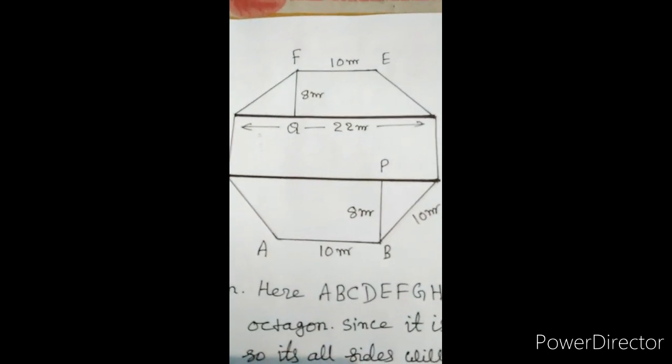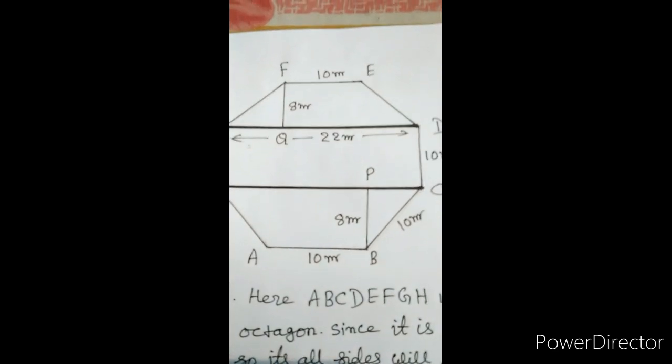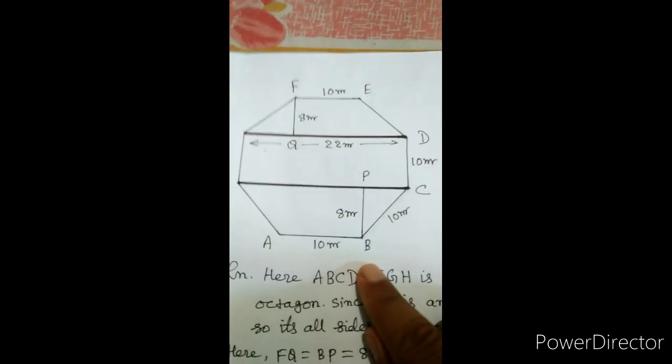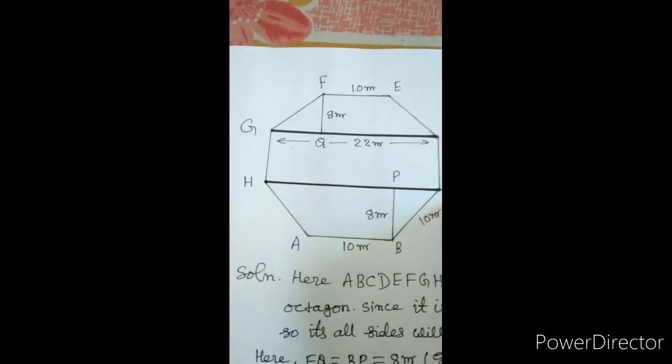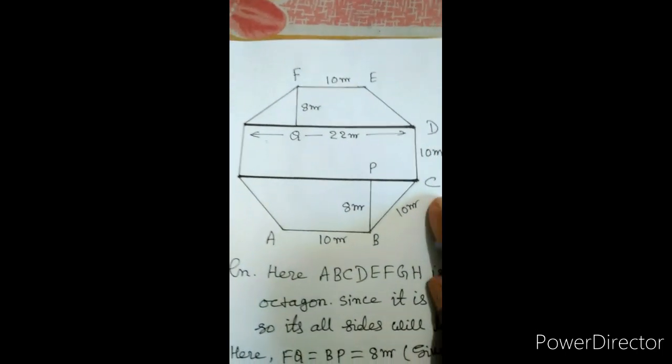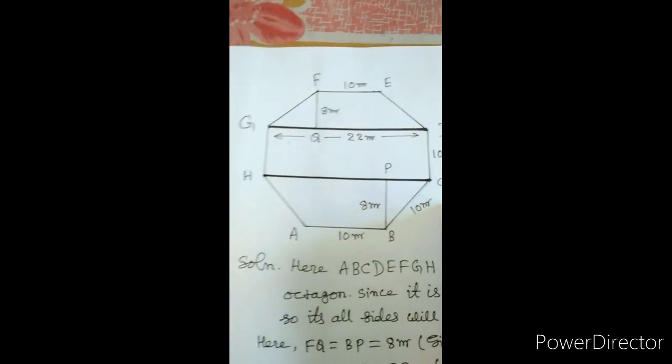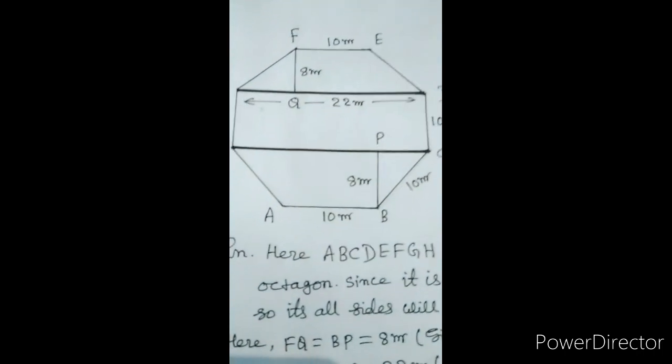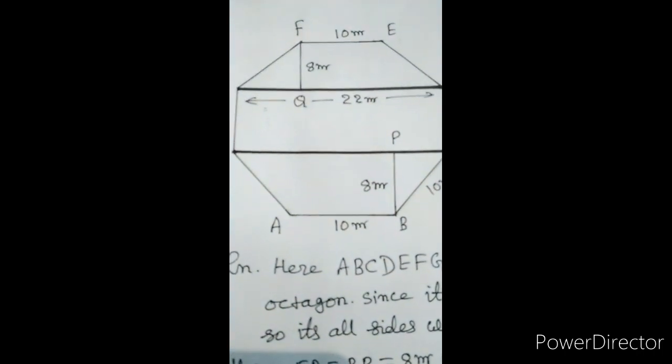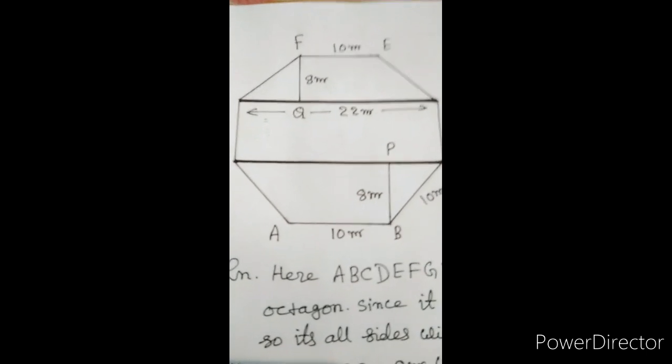Here we observe, here are two trapeziums, ABCH is a trapezium, DEFG is also a trapezium, and CDGH is a rectangle. We can find its area and then it will be added. Then we get area of this whole octagon.